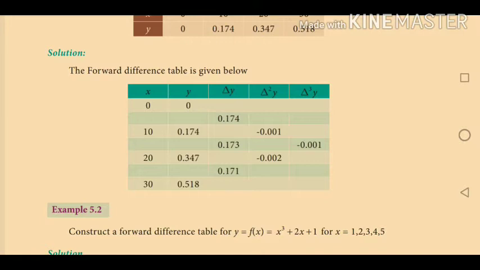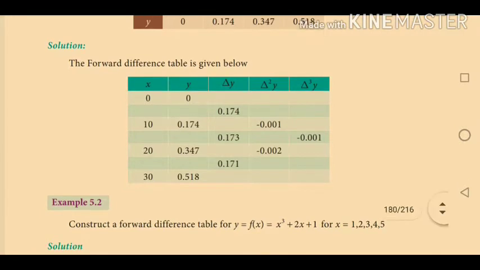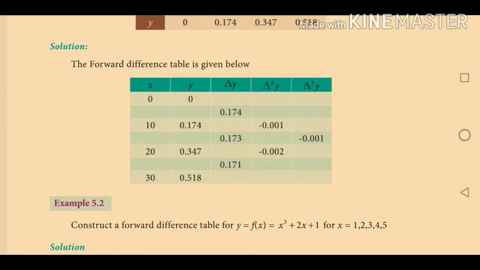Likewise, 0.347 minus 0.174, we get 0.173. Then 0.518 minus 0.347, we get 0.171. Then go to delta square y, the fourth column, found using delta y: 0.173 minus 0.174 equal to minus 0.001. Then 0.171 minus 0.173, we get minus 0.002.